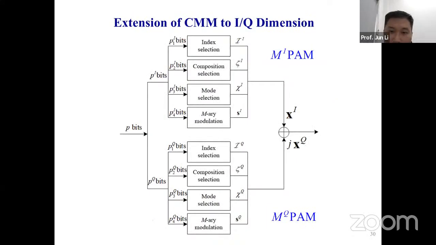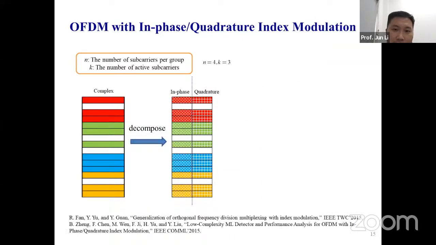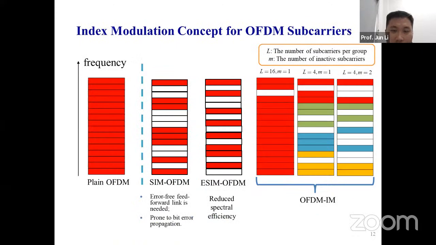Okay. So the question is about the difference between OFDM index modulation and conventional OFDM, right?